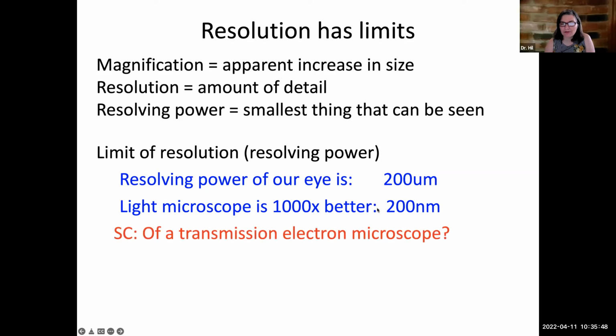So just think about that for a second and think about what we just talked about when it came to cellular life. Is a light microscope a good tool for looking at cells? Yeah, because cells are routinely larger than this, so we're going to be able to see them.